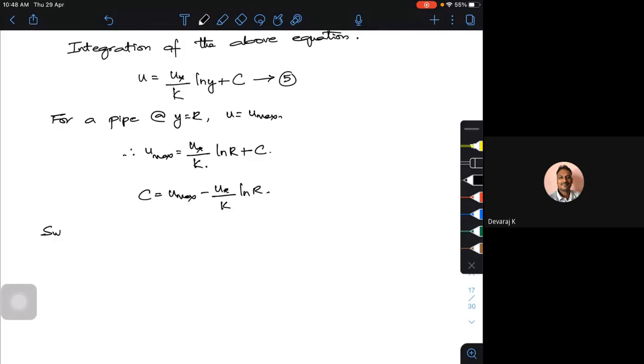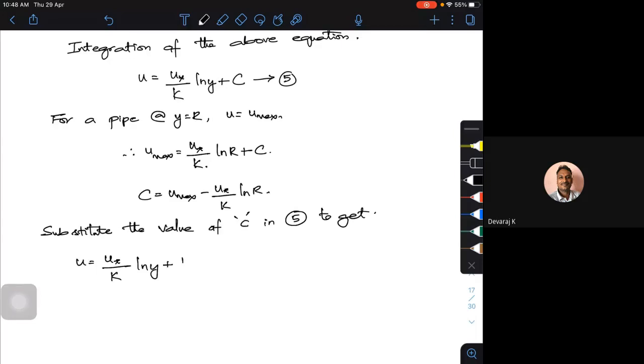I am going to substitute this c in equation 5. Just for that condition, I am trying to get the value of c. So substituting the value of c in equation 5, u will be equal to u star by k into ln of y plus u max minus u star by k into ln of r.